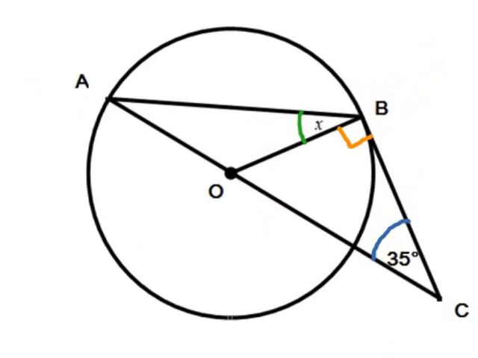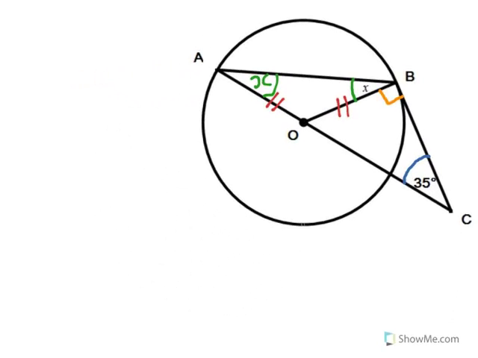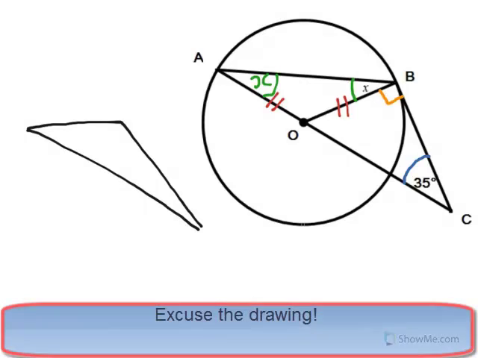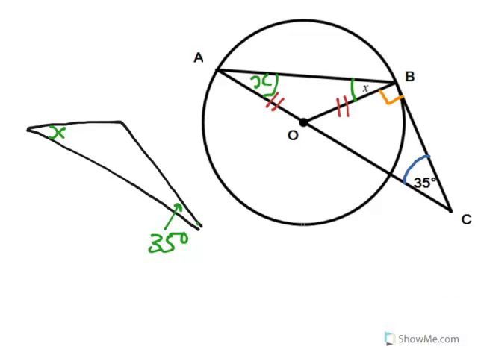Okay, finally, with those put in on the diagram, the next thing is to say that OB is a radius and OA is a radius, so they're equal, so this angle here must be x. Okay? If we now consider the triangle ABC, this angle here is x, this angle here is 35. I'll just put the labels on A, B, C. And what do we know about the angles of a triangle?